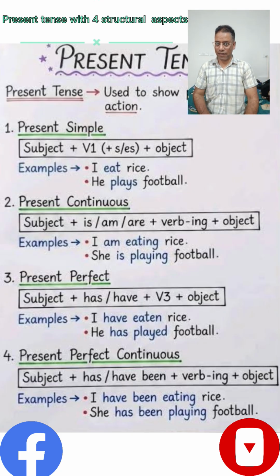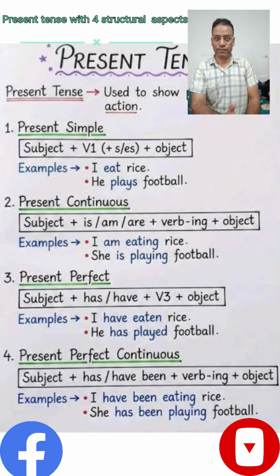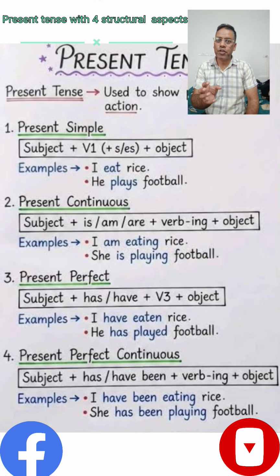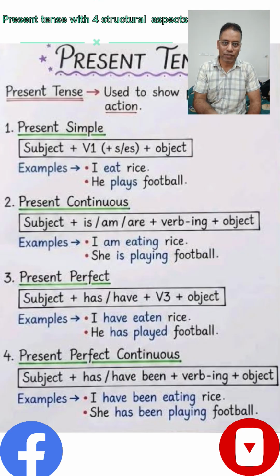Likewise, in the second example, we have he plays football. Here we did not use he play. As we used I eat, we didn't use he play, we used he plays. That means he falls under the category of third person singular subject, where we have he, she and it, or any singular noun for that matter.